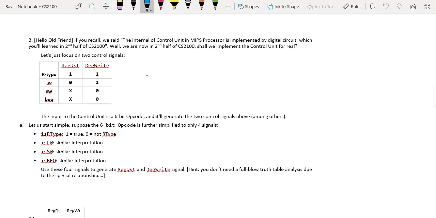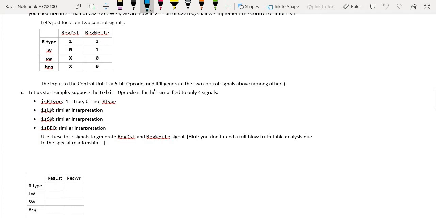Though we have a 6-bit opcode, for this first part of the question, we are going to just focus on a simplified version of the opcode, which is only 4 signals. Using these 4 signals, we are supposed to generate the register destination and register write signals. How do we go about doing this?